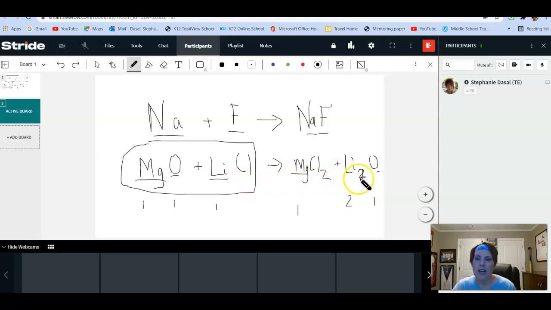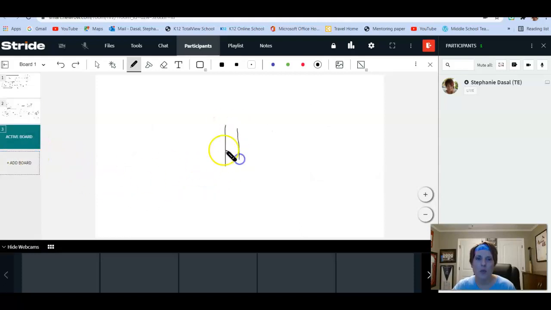Okay, and so guys, we can never change the subscript, because if we change the subscript, it becomes a new compound. The best example of this, and I'll go to another board here, is water.